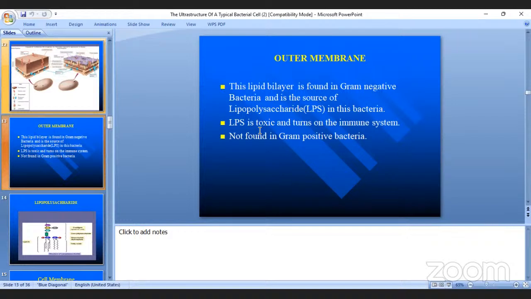This outer membrane is actually outside the cell wall. The slime layer is present only in gram-negative bacteria, absent in gram-positive bacteria. So the cell wall is completed, and the outer layer of the cell wall is also completed.